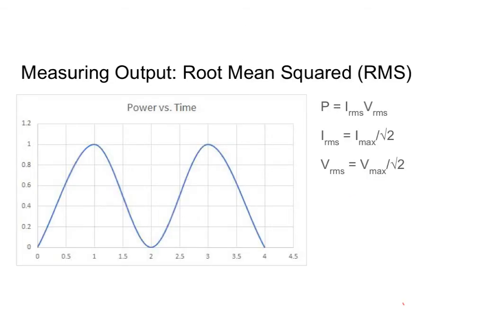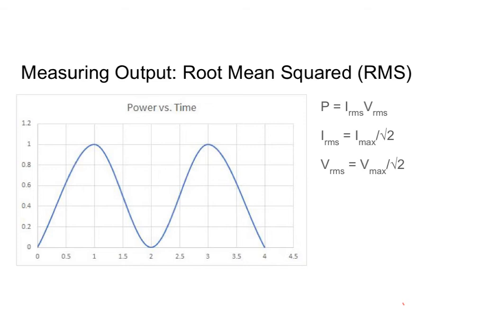So, to summarize, here are the 3 equations that we will use to measure the output of an alternating current generator. First, we can measure the power of our alternating current generator by multiplying our root mean squared values of current and voltage.